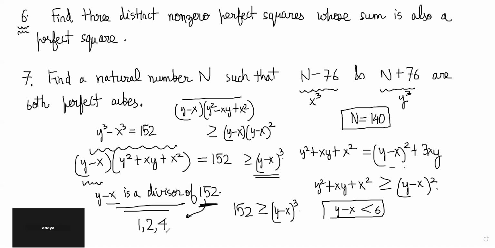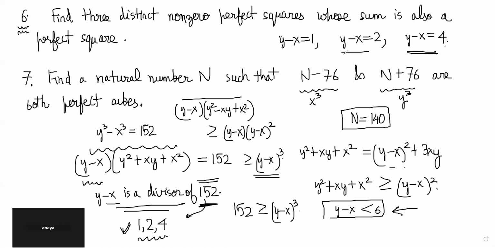After that, it will be above 6. So the options for y minus x will be only 1, 2, or 4, because it has to be less than 6 and a divisor of this. So we can check three cases: y minus x is equal to 1, 2, and 4.